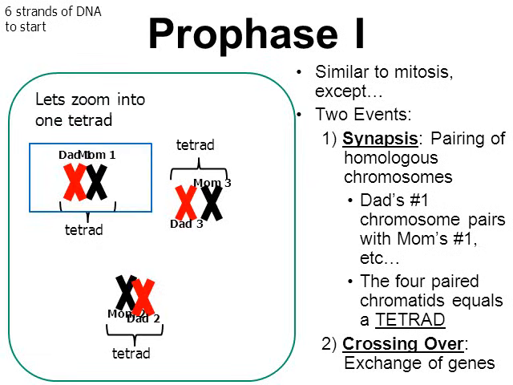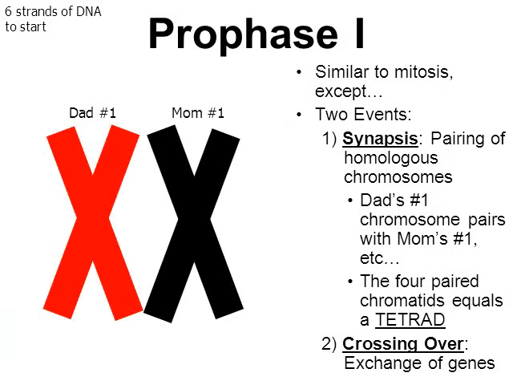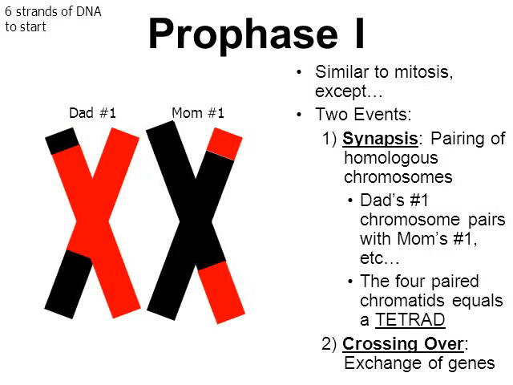Let's zoom in on this tetrad that I have highlighted here. And here we have, again, in red, the chromosome number 1 that you inherited from your father, and in black, the chromosome number 1 you inherited from your mother. The definition of crossing over is simply the exchange of genes. Watch what happens. During the process called crossing over, chunks of chromosomes will break off and reconnect.